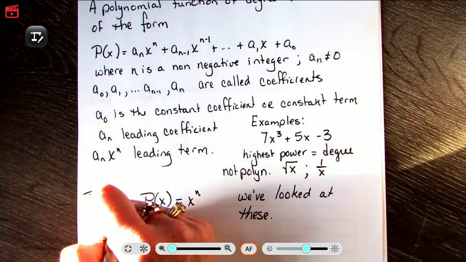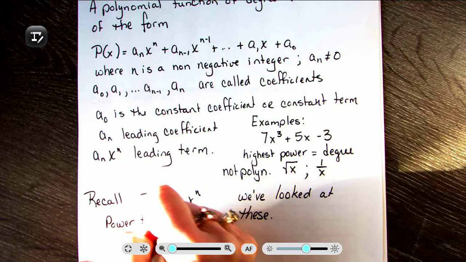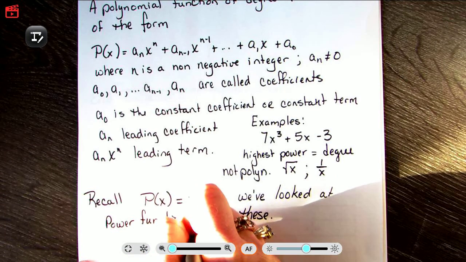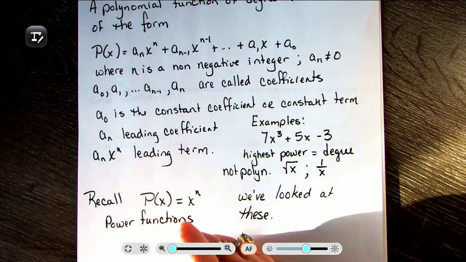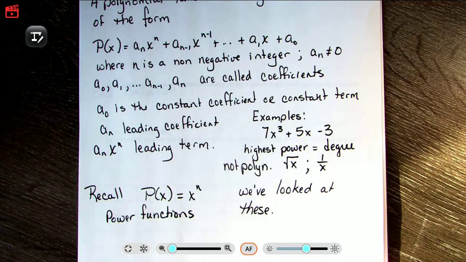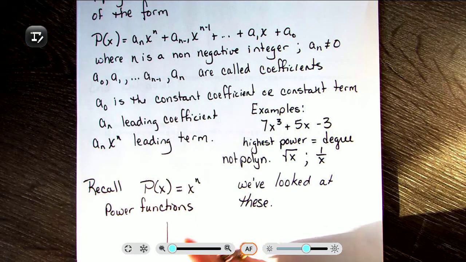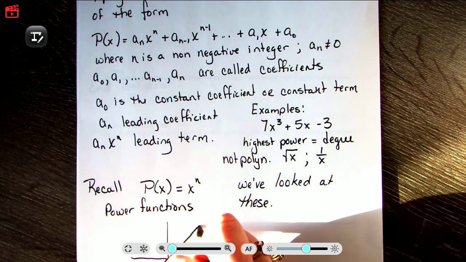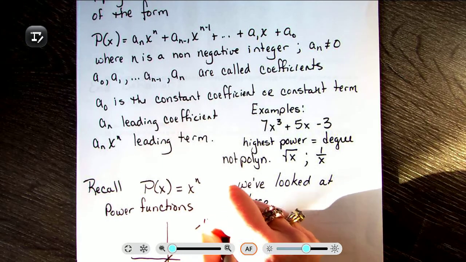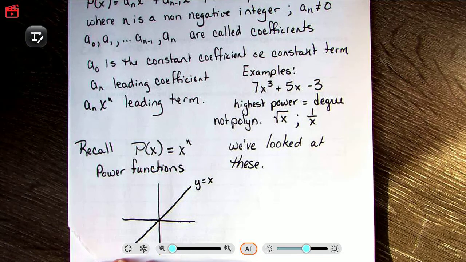We have seen these before, our x to the n, sometimes referred to as our basic power functions. And I'm going to attempt to draw them. So we've seen, first of all, x to the 0. I'm not going to draw that one, but just simply x. y equals x is your straight line, slope of 1, y-intercept at 0.